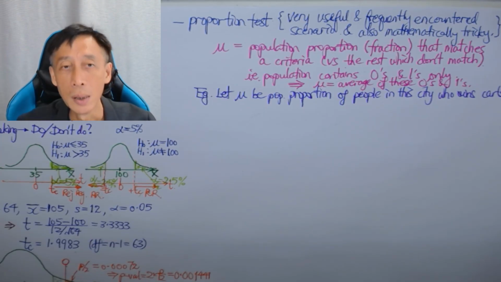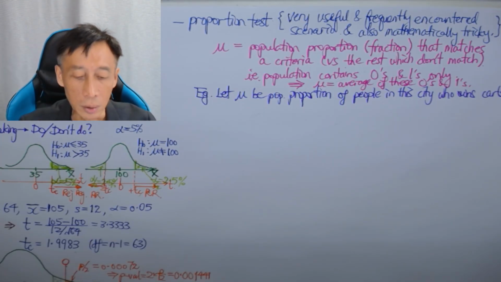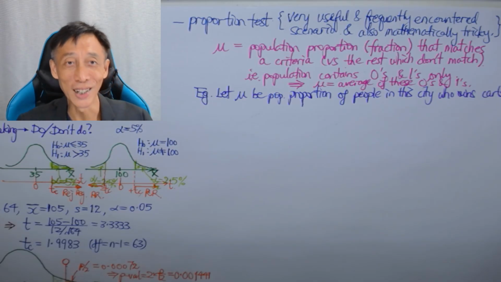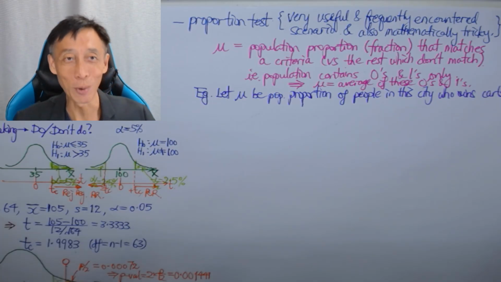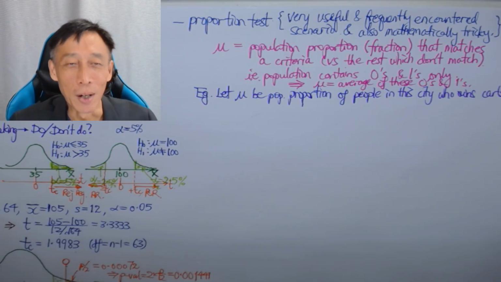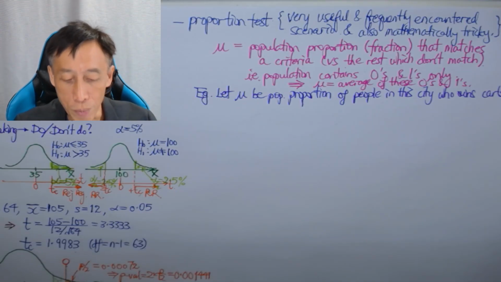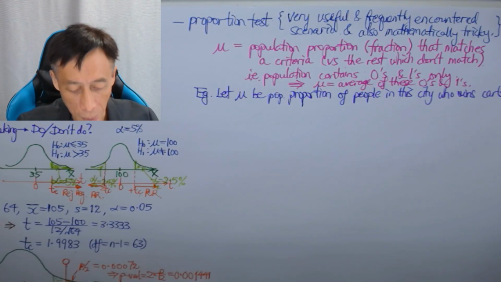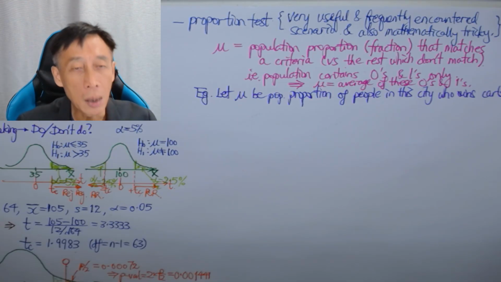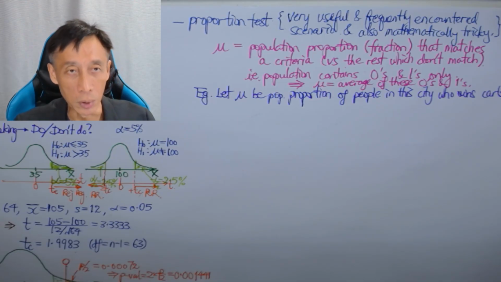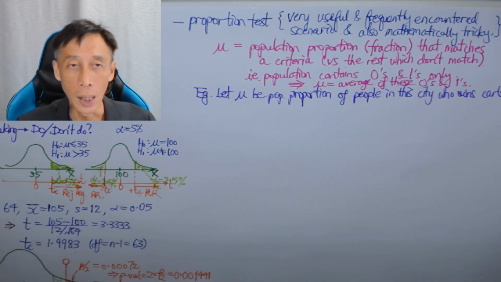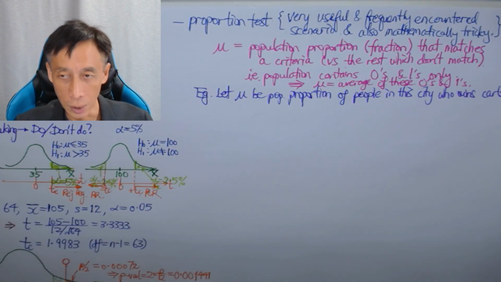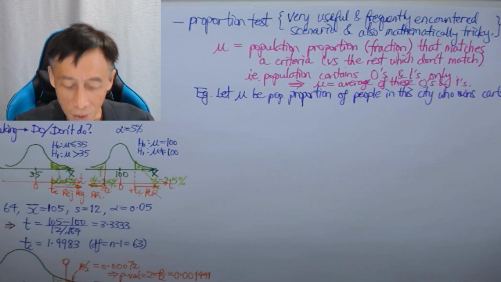If you can reason that out, then basically there's no difference. It's just one population mean test. Why I want to point this out is because some textbooks call mu maybe rho, maybe p, maybe a different symbol. They start off like that, as if to give a sense that it is a different test.